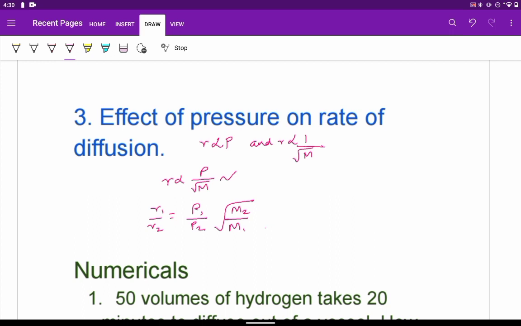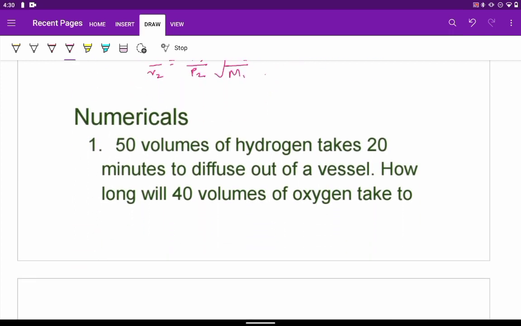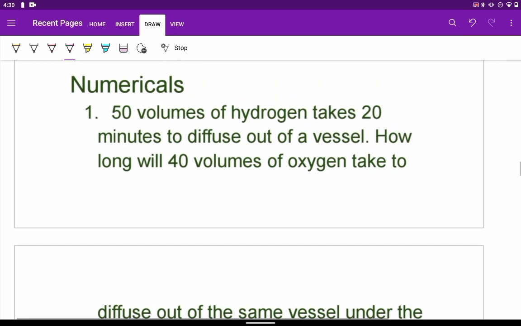Now, based on these concepts we have just discussed, we can go through some numericals which will help you to have a better grasp on these concepts. Now see, the first numerical states that 50 volumes of hydrogen takes 20 minutes to diffuse out of a vessel.